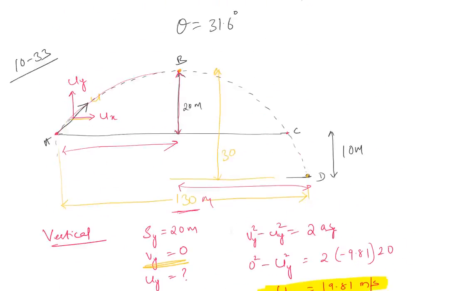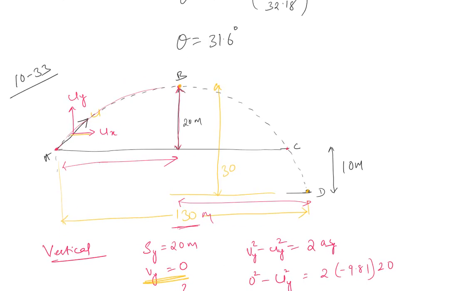What did we do? The question is, a ball is hit with some initial velocity. It reaches a maximum height of 20 meters. It is let to fall 10 meters below the starting point, and the total horizontal distance it covers is 130 meters.